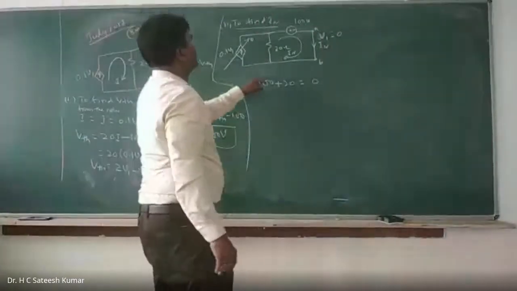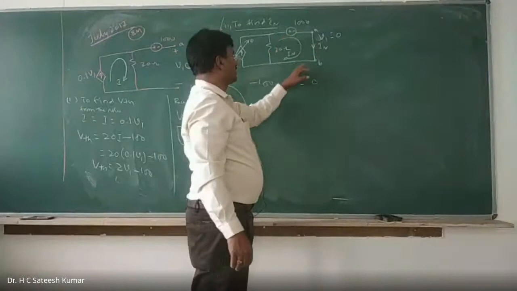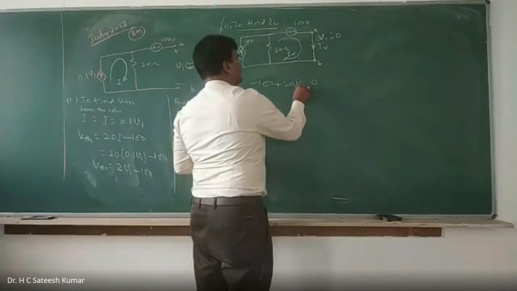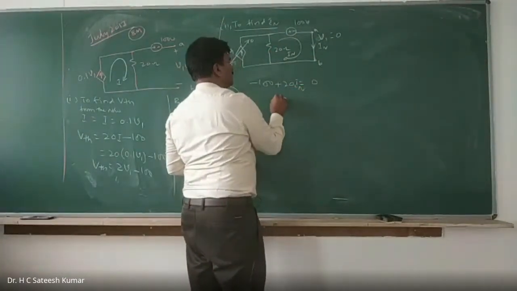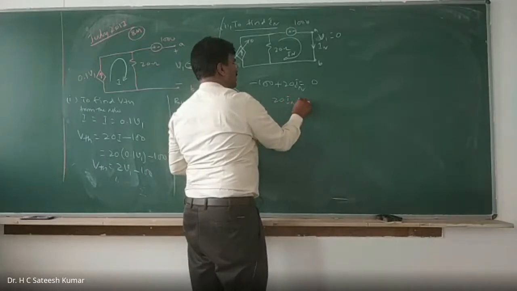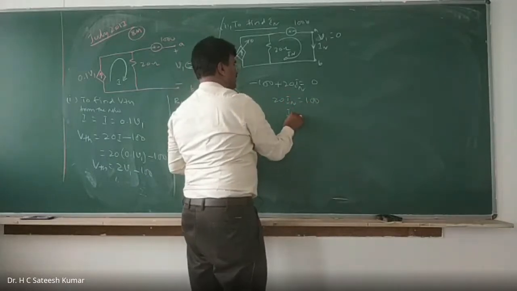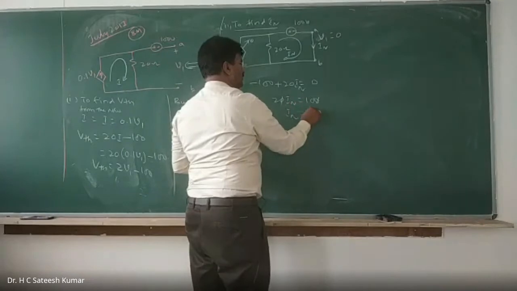If you have minus 100 plus 20 IN is equal to 0, therefore 20 IN is equal to 100. Therefore, IN is equal to 5 amps.